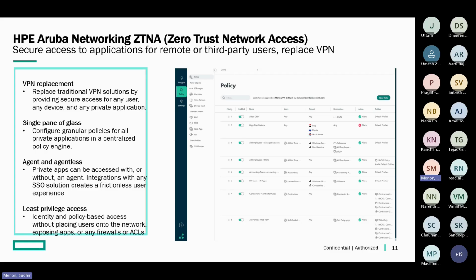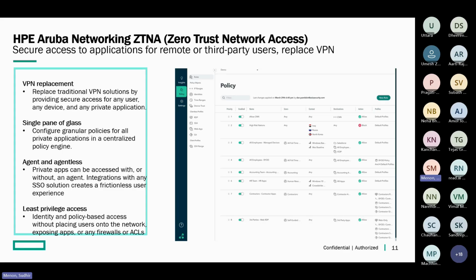And hence the concept of ZTNA which has come up. Not to mention, with Aruba Networking SSE, we have a single pane of glass to configure all your technologies. If you see on the right-hand side, that is our policy management dashboard.